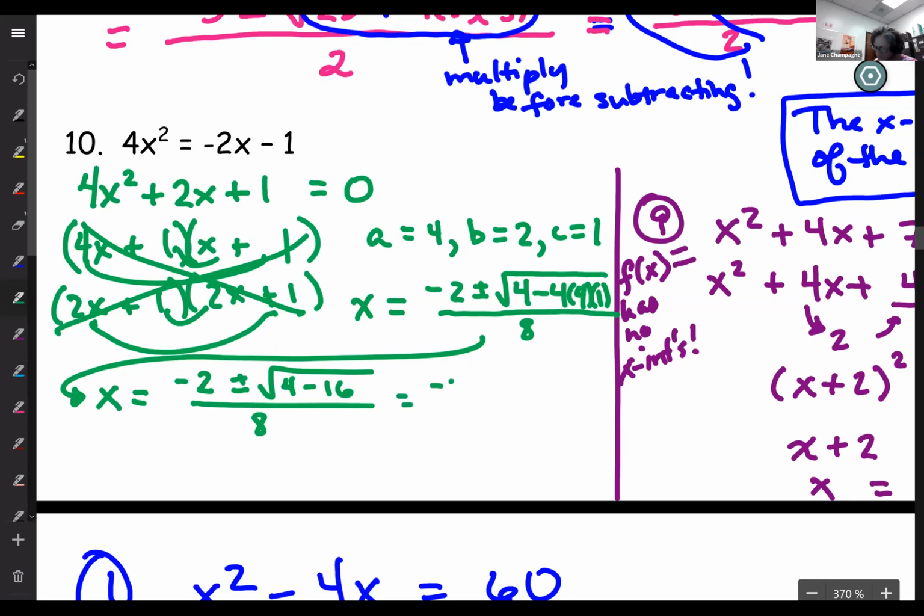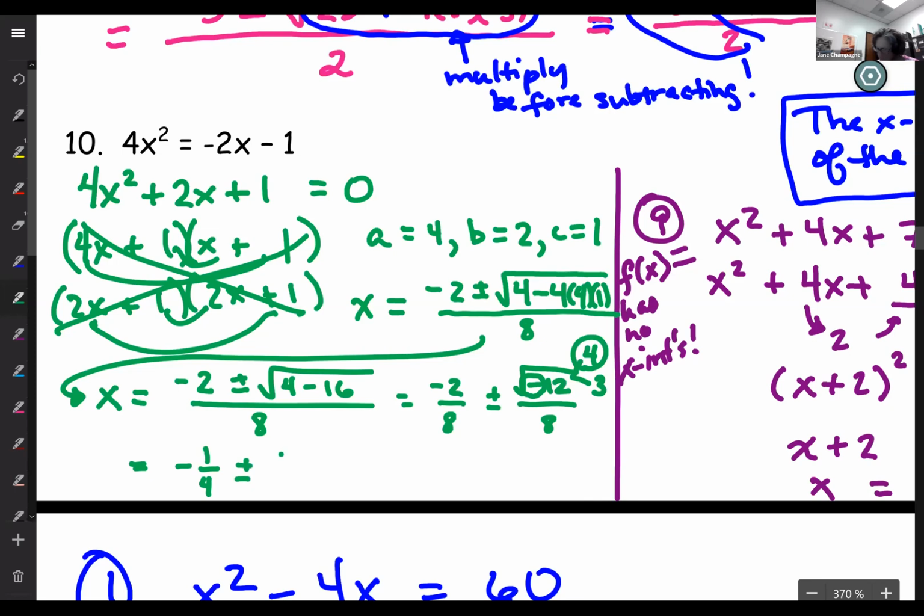And again, you might want to keep in mind that both of these are over 8. 4 minus 16 is -12, which is not a perfect square, but 4 times 3, you can take the square root of 4 out, and of course the square root of the negative is i. -2 over 8 is -1 over 4.